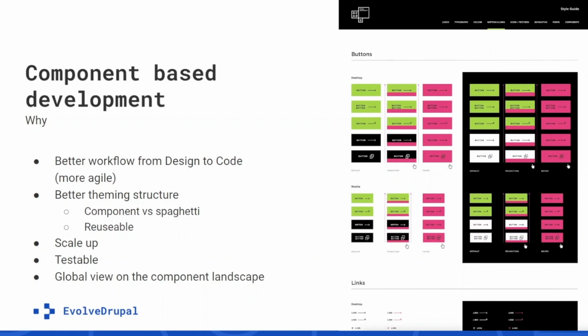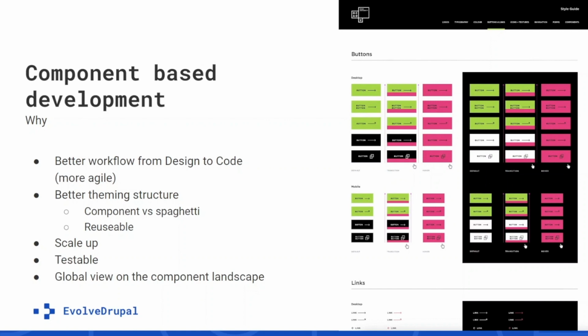So for component-based development, why do we need to do it? If we search online, there are many arguments stating the advantages of using web components, but from our experience, we just want to highlight a few things. When we implemented it in our project, it provided a much better workflow from design to code, with more interaction between the designer, PM, PO, and developer, and a better theming structure: component versus spaghetti.